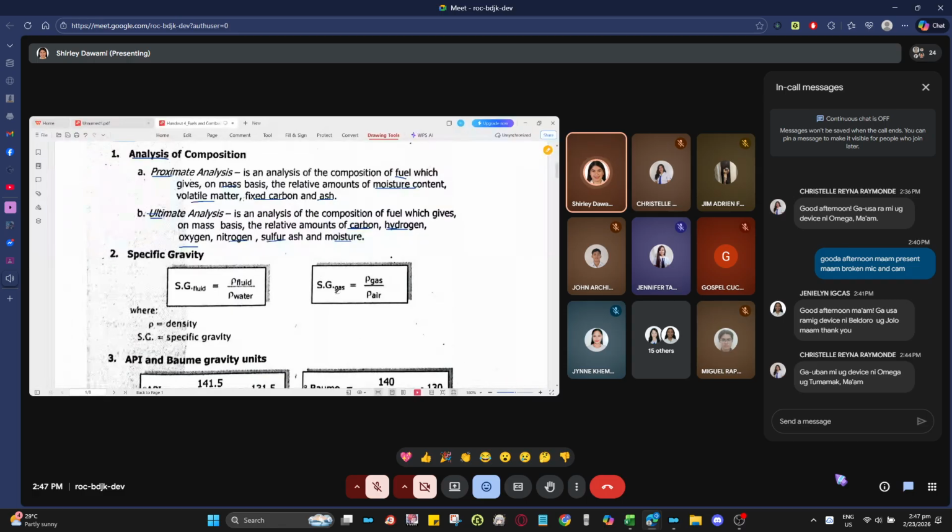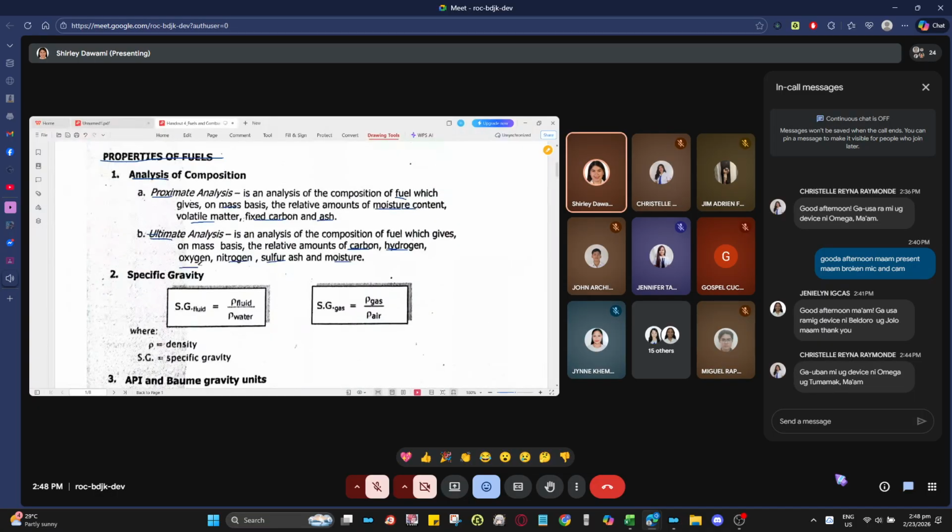Pero naay mga ultimate or naay mga composition nga dili siya 100%. Naay analysis ng iyahang sulfur, for example, kay wala ba, zero siya. So in that case, dili na 100% ang ultimate analysis ana nga fuel.